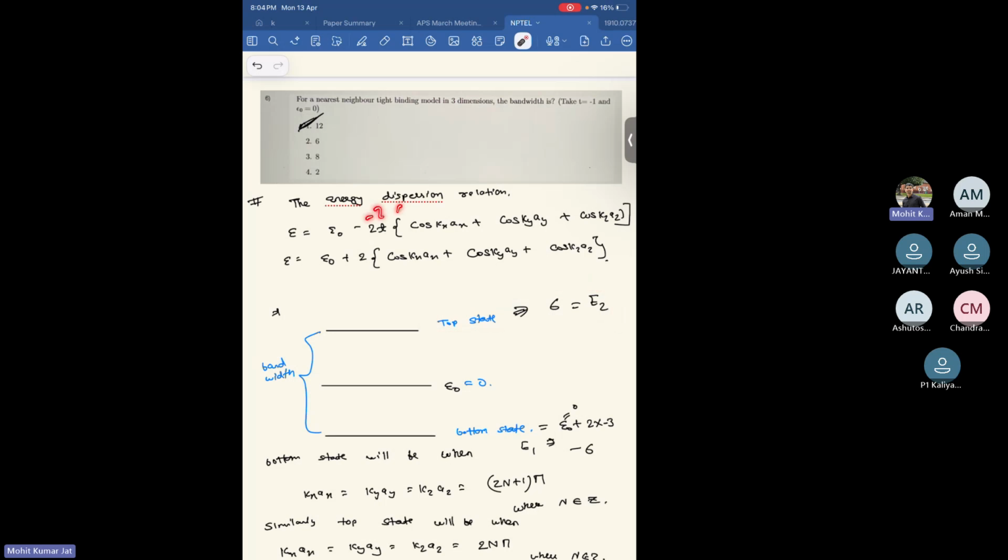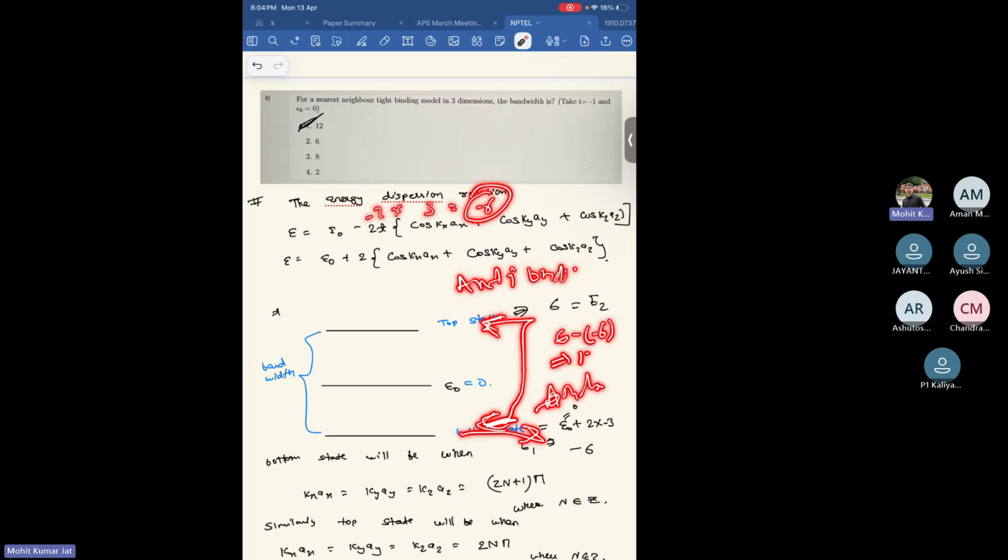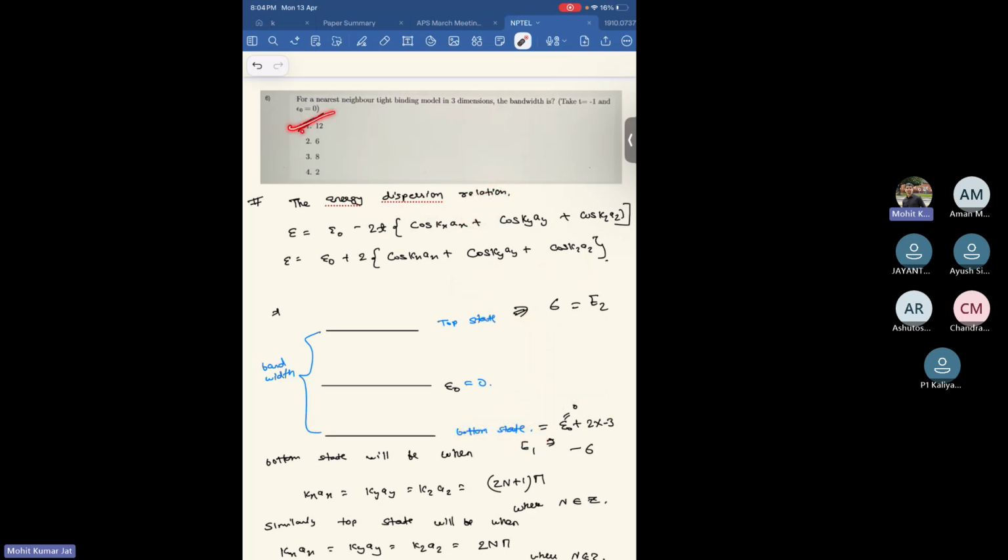Minus 2 times plus 3 will be minus 6, that is this state, which is bonding. The top one is anti-bonding, higher energy, and the bandwidth is the difference between these two. So the difference between plus 6 and minus 6 is 12. That's what the correct option is, 12.